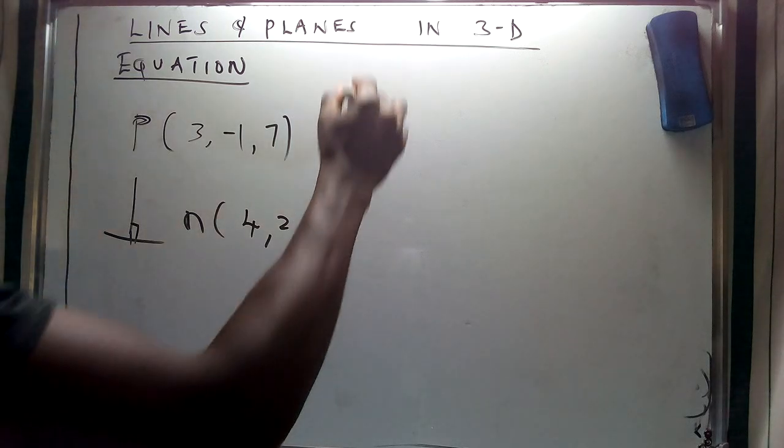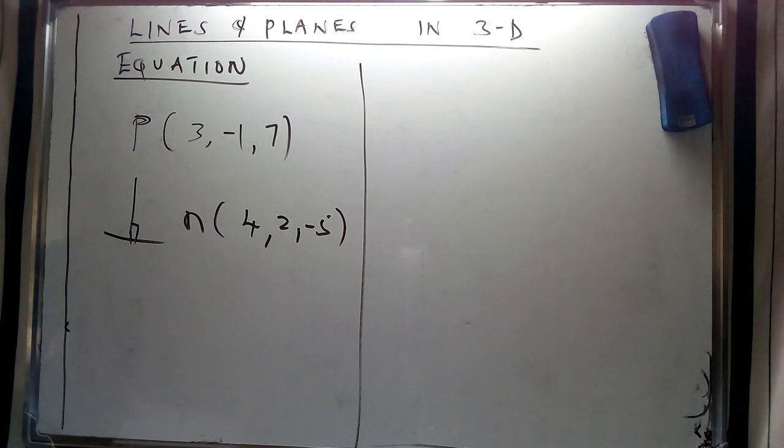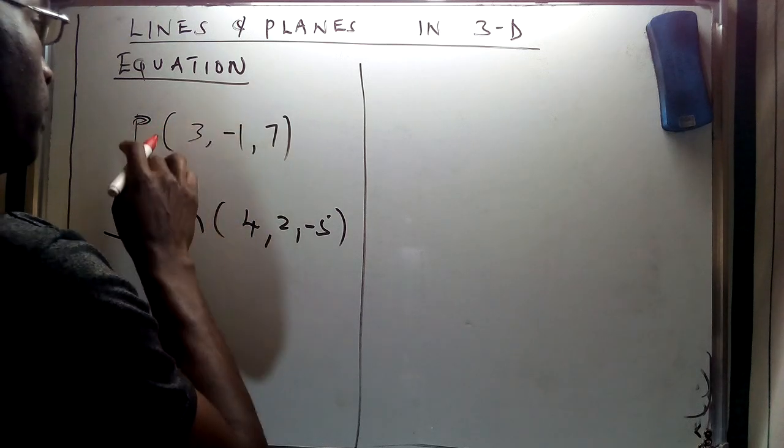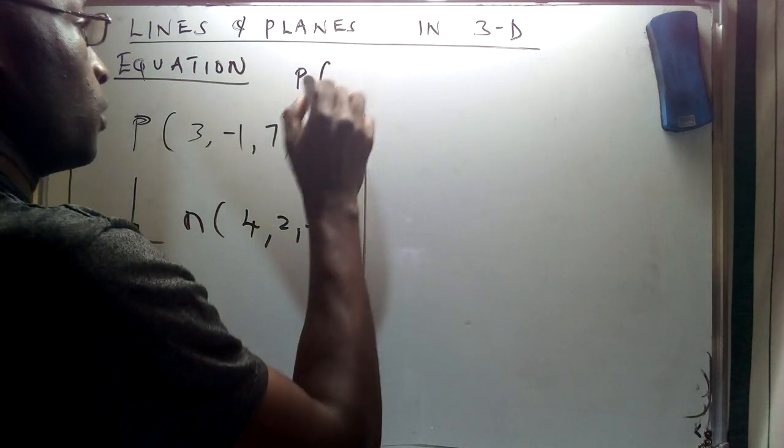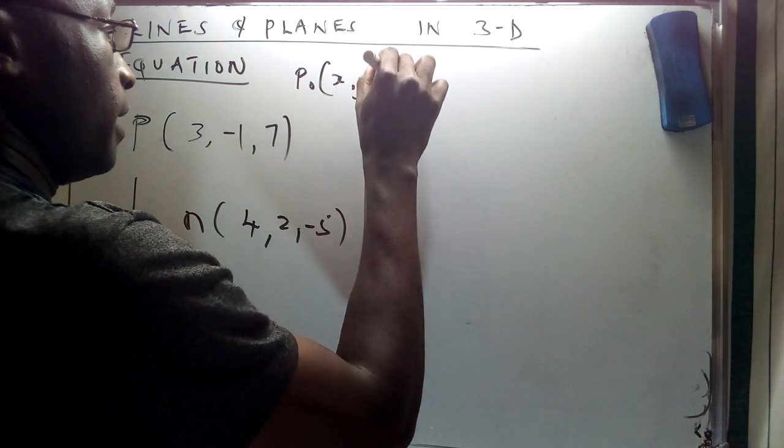So we can find the relationship between this point and the normal in order to get the equation of the plane. Let's assume there's a point P0 given as x, y, and z.